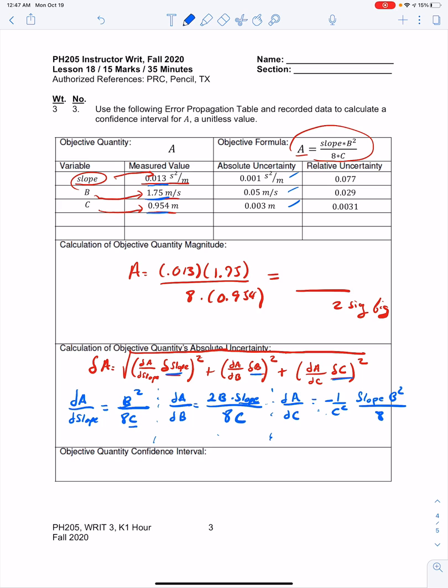You get certain values on that, replug it into your original equation, multiply by your absolute uncertainties, square them, sum it up, then square root it, and you should get the absolute uncertainty of A. All you have to do is rewrite this as A plus or minus the absolute uncertainty of A. Remembering significant figures, this is just one significant figure. Okay? And you are done.